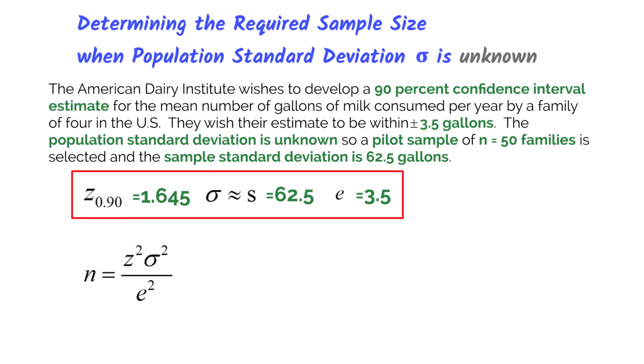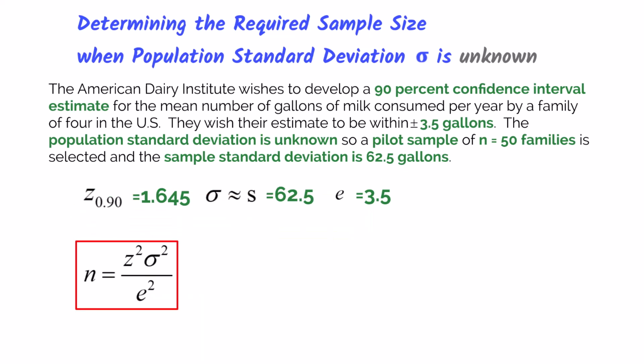Again, we will identify our key variables. The Z value at the 90% confidence level is 1.645. Since we don't know the population standard deviation, we will use the sample standard deviation of 62.5 instead. And the desired margin of error is plus or minus 3.5 gallons. Here we have our formula again, so we just need to plug in our numbers and solve.